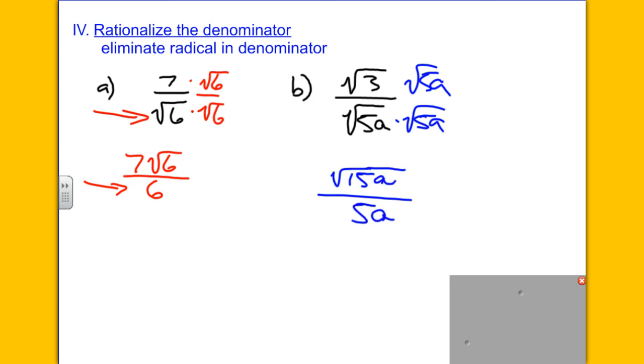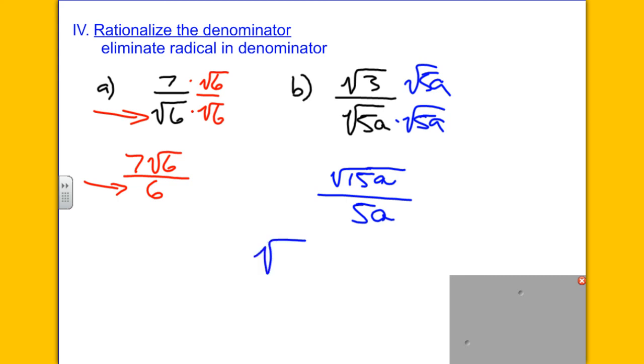Good job. Now, can we simplify this? Anybody? Can we simplify it? Yes. What could we call it? You can call it 3. No. Could we do that? We really cannot. Okay, I had to say that though because it would be so tempting to divide 15 by 5 and a by a, right?